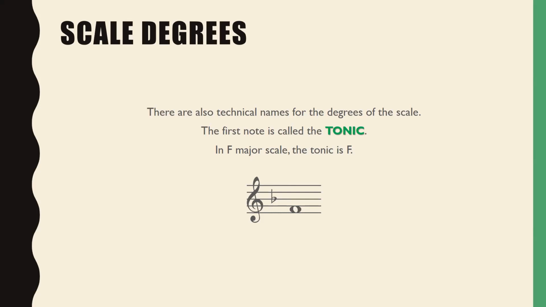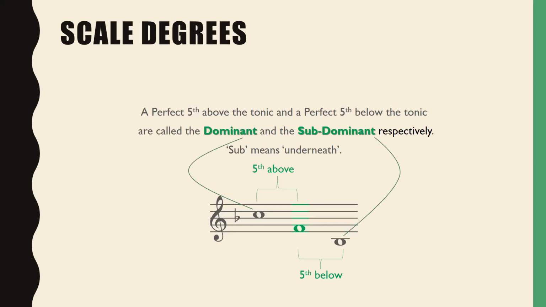Now, the important thing here is these technical names, you just have to know by heart, okay? So while we are going through them now, start to make sure that you become familiar with them so that you know them by heart. First degree, tonic.